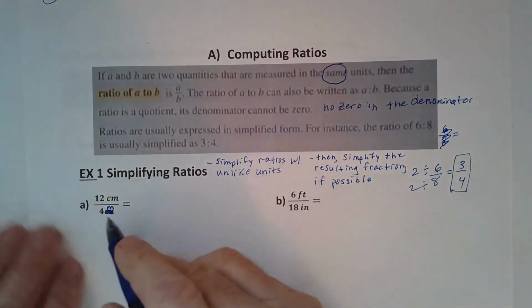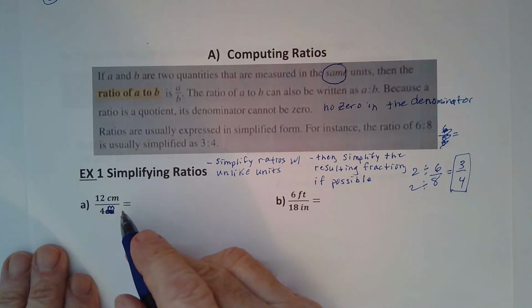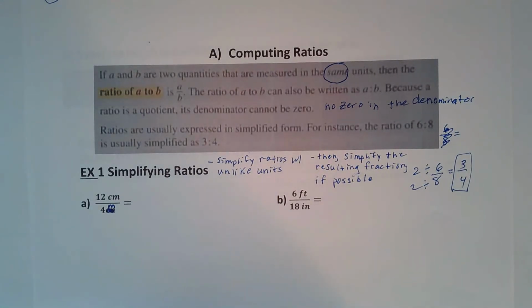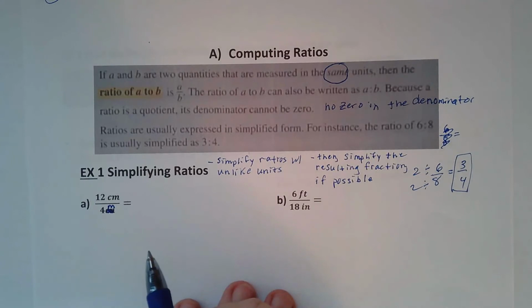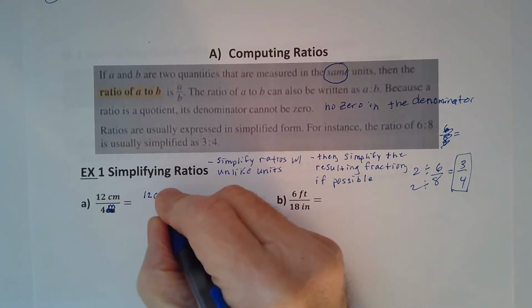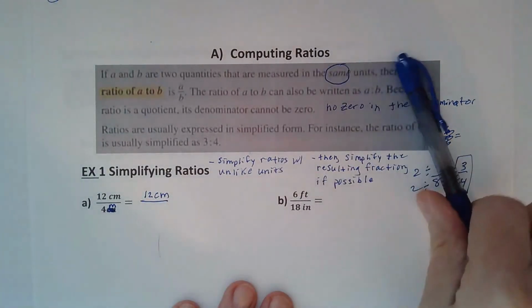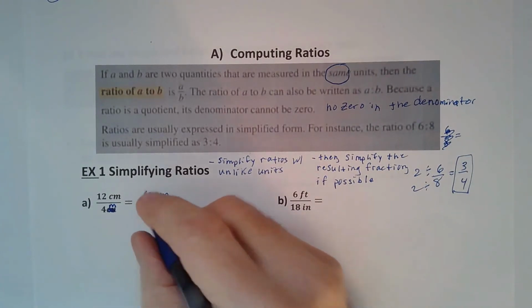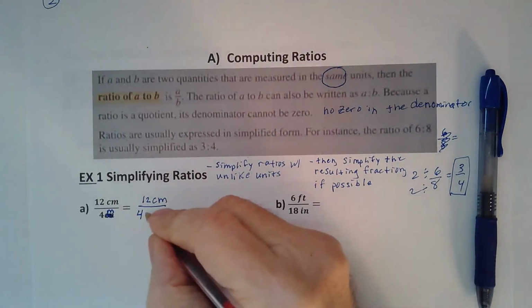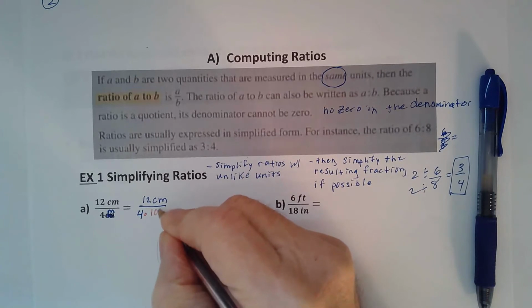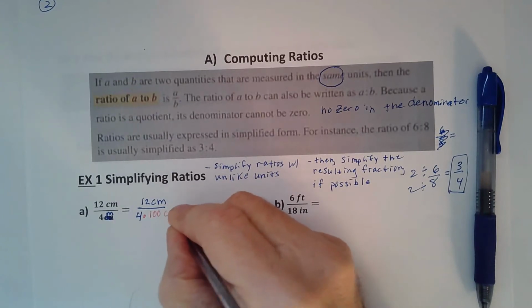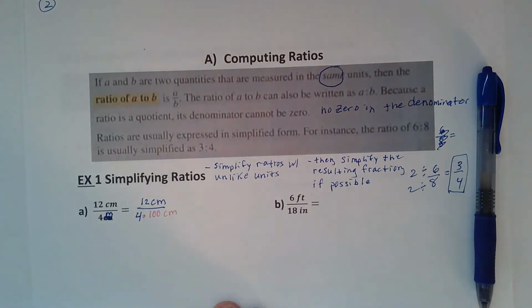Okay? All right, so in the case of the first one, 12 centimeters and 4 meters, each meter is 100 centimeters. So I would write it as 12 centimeters divided by 4 times 100 centimeters, because each meter is 100 centimeters.